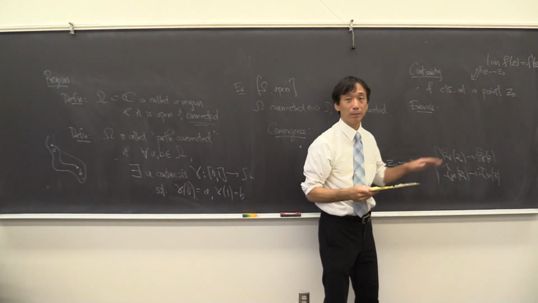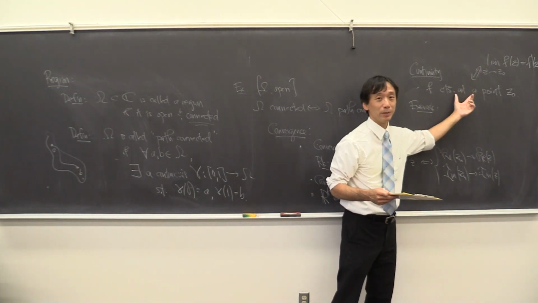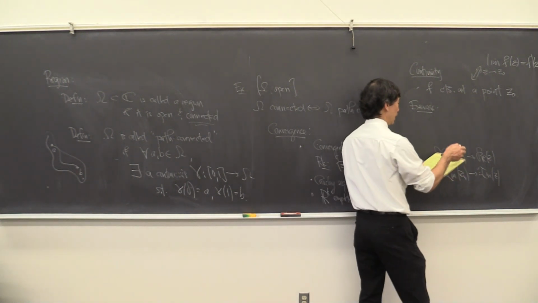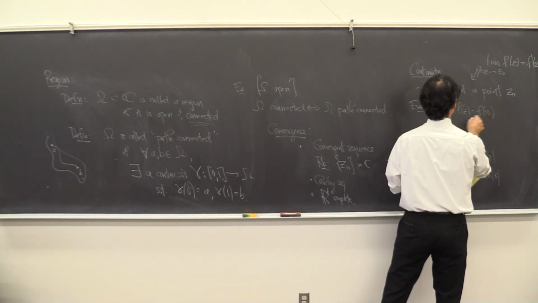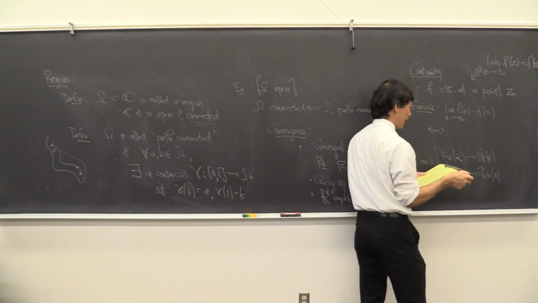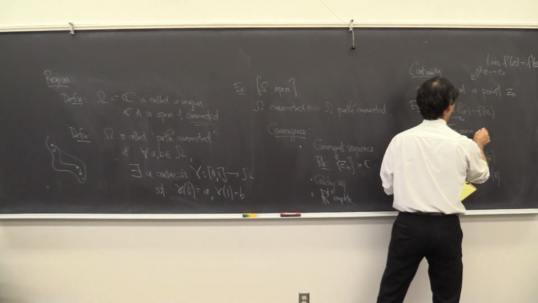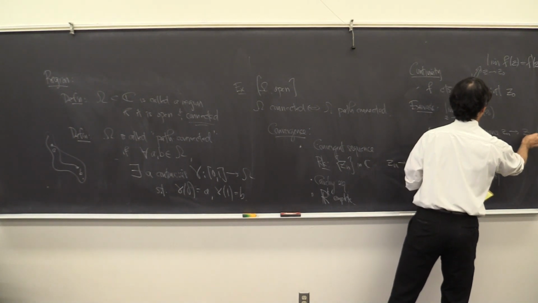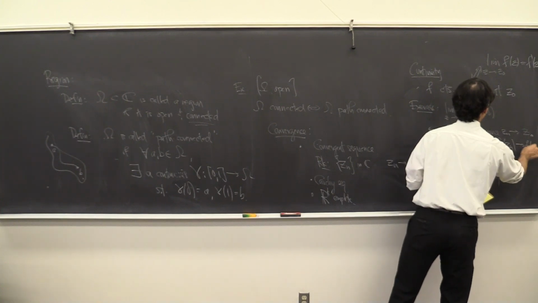That's basically a tautology, the same as the epsilon delta definition here. But it's an exercise to see that being continuous at a point is equivalent to the fact that for every sequence that converges to z naught, f of zn converges to f of z naught.